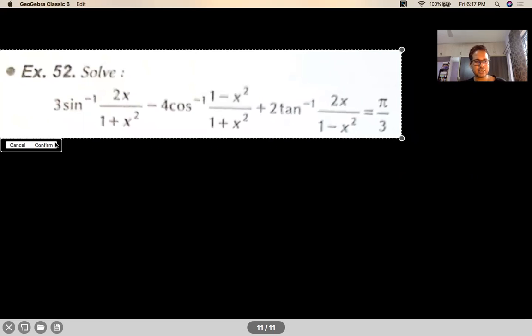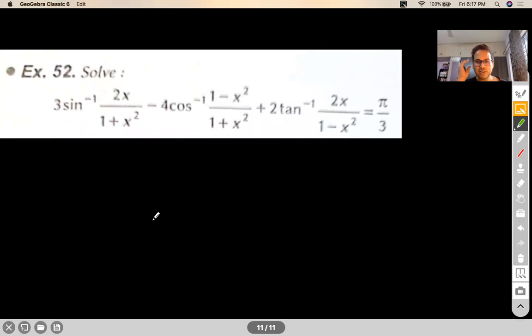I hope the question is visible to everybody. Let's try to solve this question. We have three different functions involved over here. One is sine inverse, cos inverse, tan inverse, and you're trying to solve for x. Okay, let's do this question, and after this we can take a break.